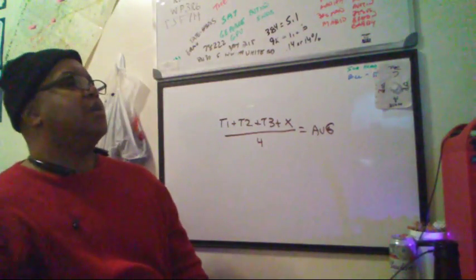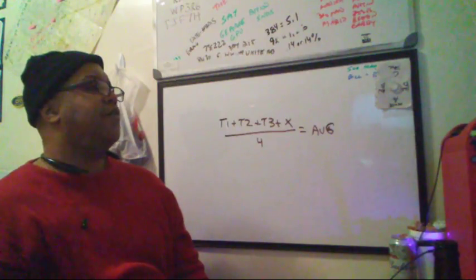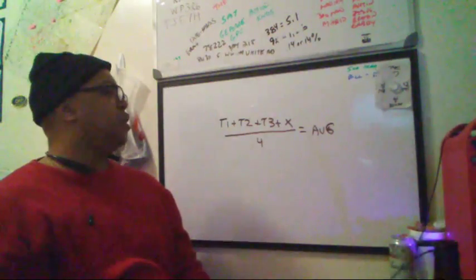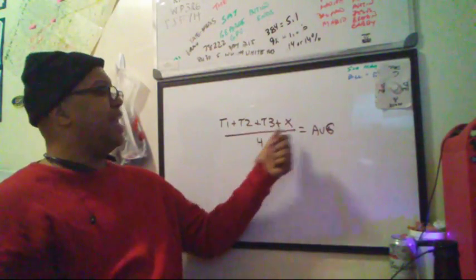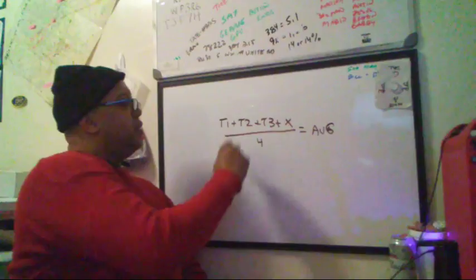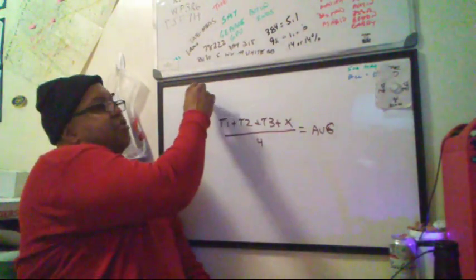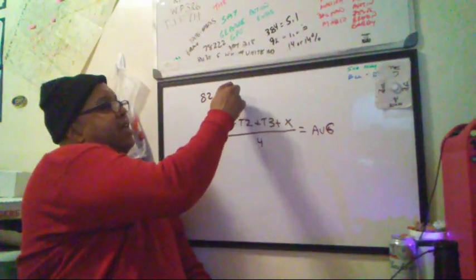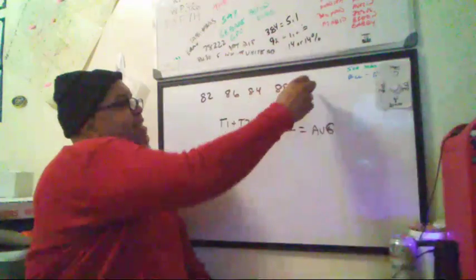She took 5 tests, so we'll have a 5 here, and four scores and an X up here. Let's write down our answer selections: 82, 86, 84, 88, and 87.